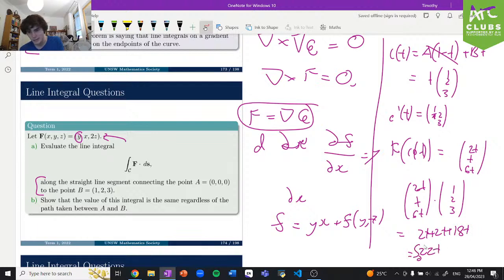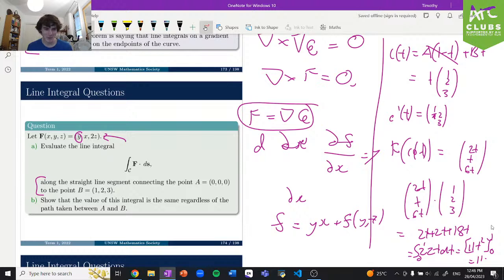Then we're just integrating that from 0 to 1 dt, which is going to be 11t squared from 0 to 1, which is 11. You know what, I think doing it that way made it probably a little bit nicer. So that's how we can evaluate the line integral.